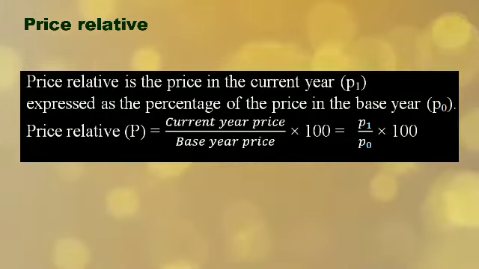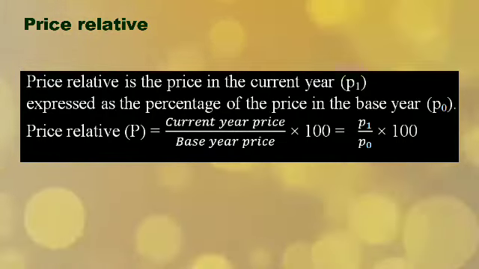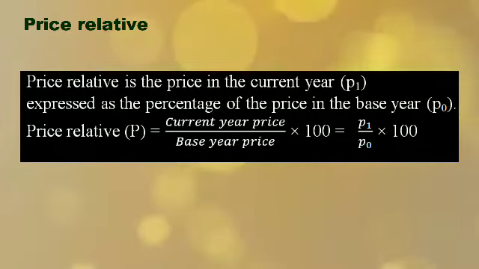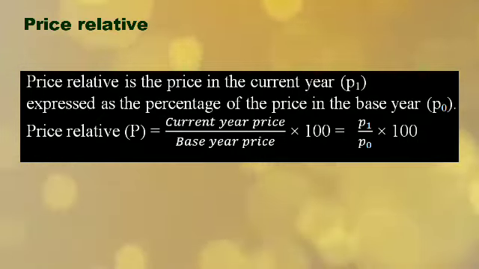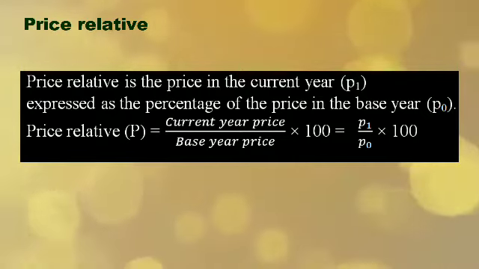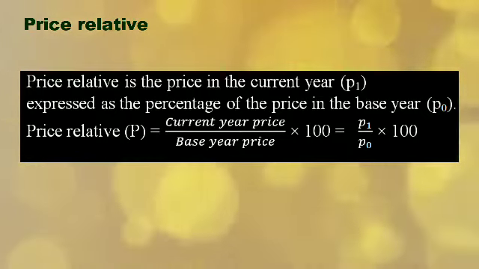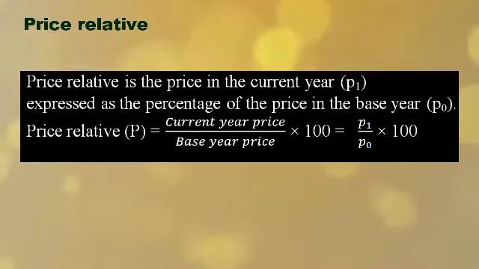Now how to find the price relative? Before that, what is price relative and how do you indicate it? Price relative is denoted by the capital letter P. This P is the estimated value, the value that you are going to find.